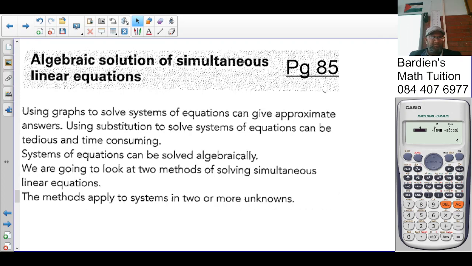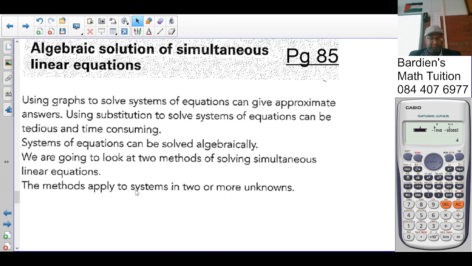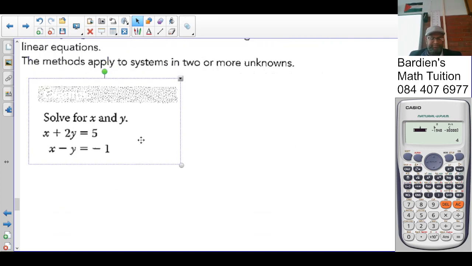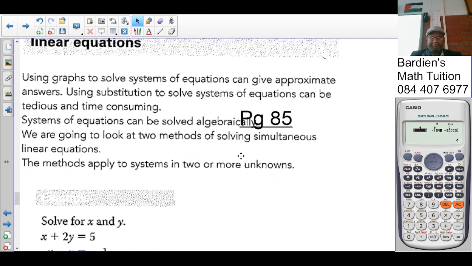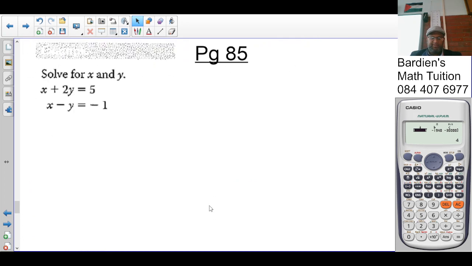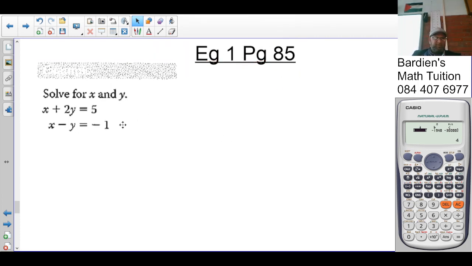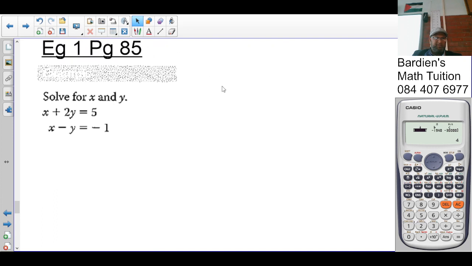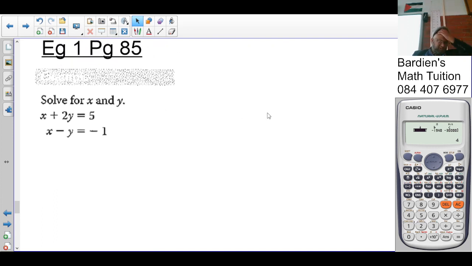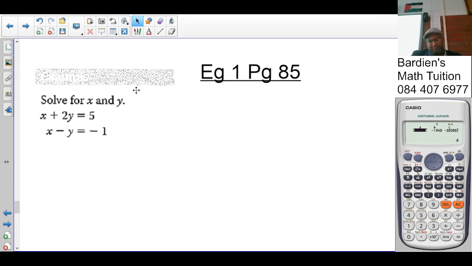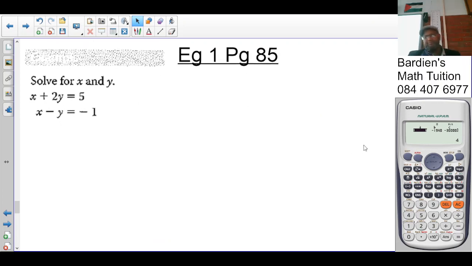So we're looking at example 1, on page 55. The question says solve for x and y. Write this down.